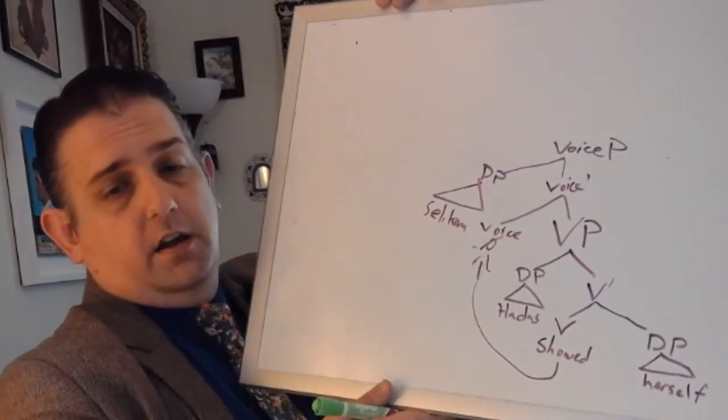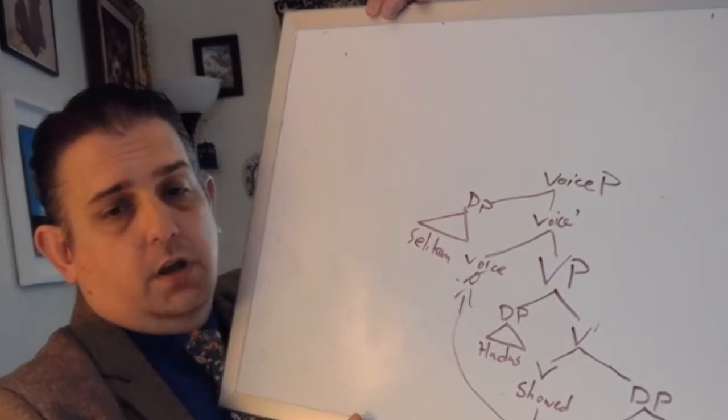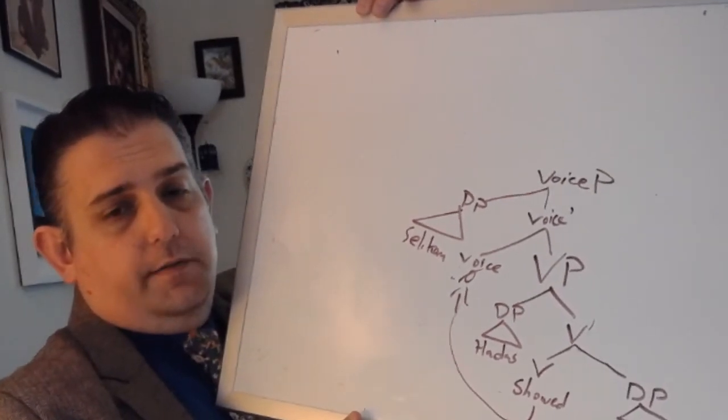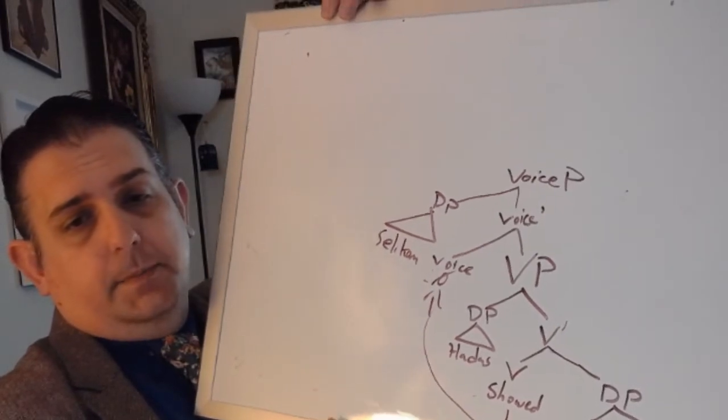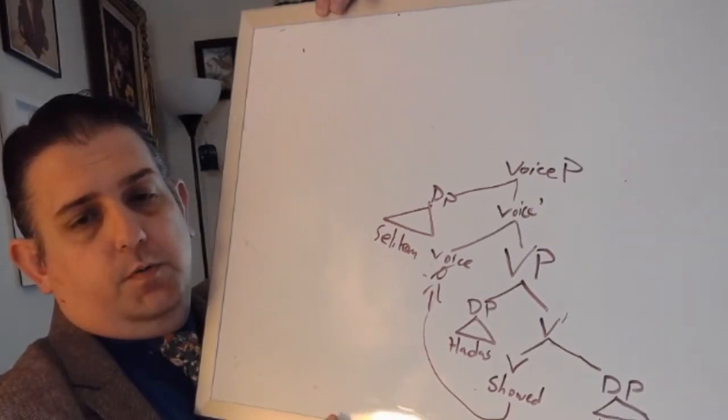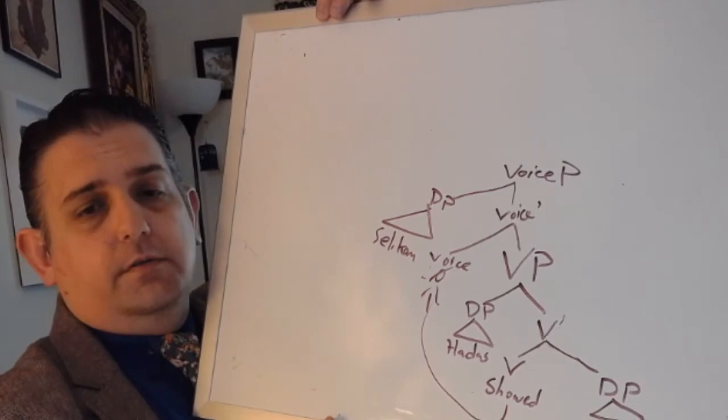And then we get Seligman, rather than emerging as the specifier of the verb itself, it's the specifier of voice, which can assign a theta role. And that's when voice is active.